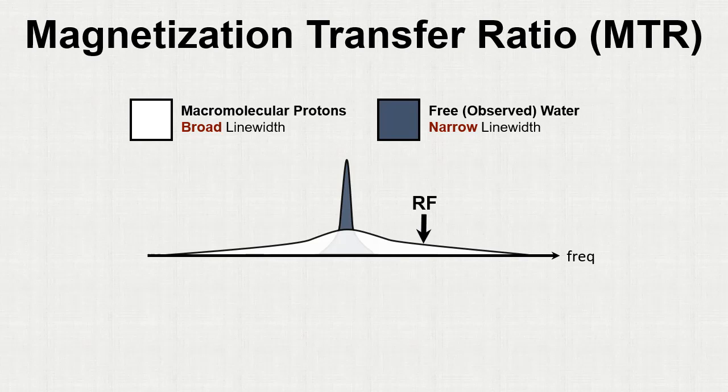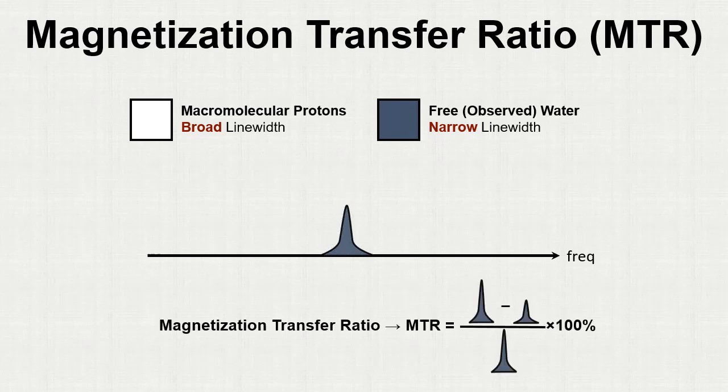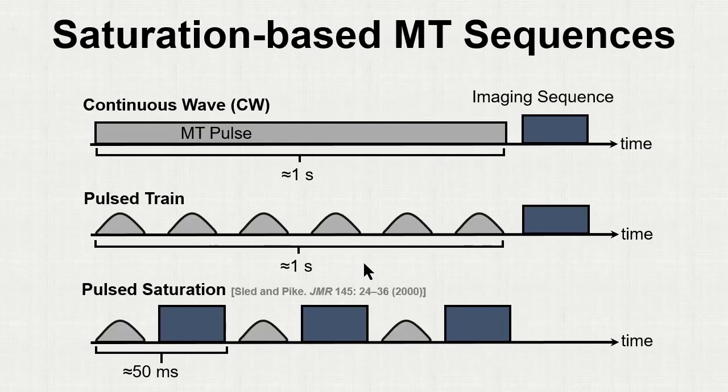A typical MT experiment would be the magnetization transfer ratio, which is the simplest experiment that we see and is performed in the clinic. It saturates the solid phase, causes a reduction in the free water, and we calculate the magnetization transfer as such. That is the reference image, the no saturation image, minus the saturated image divided by the non-saturated image. Now, there are many different ways to get access to magnetization transfer.